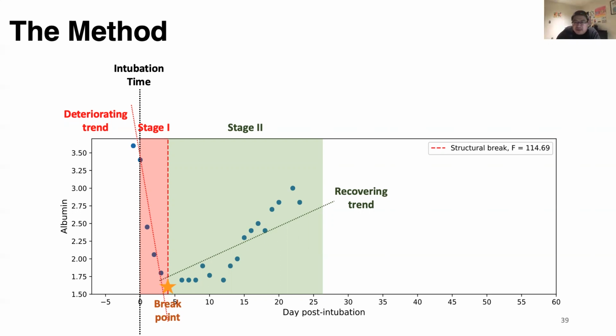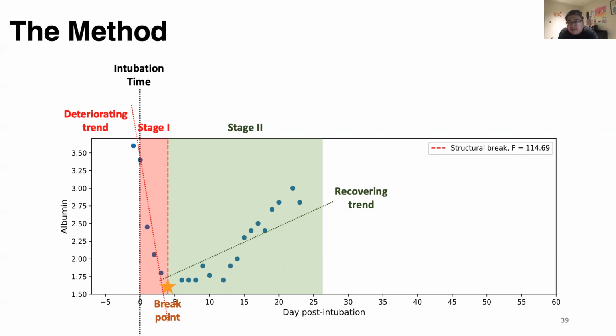We derived an algorithm based on the Chow test to detect the albumin trajectory breakpoints, which is a transition point between the deterioration trend and recovering trend for each patient.